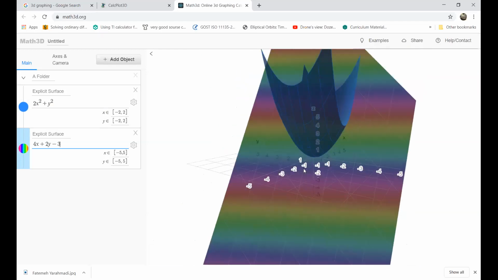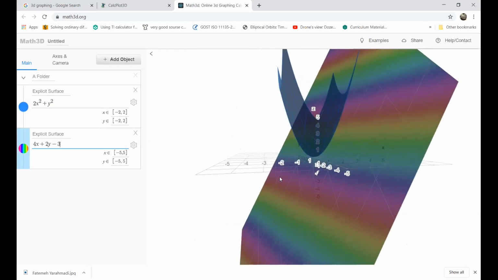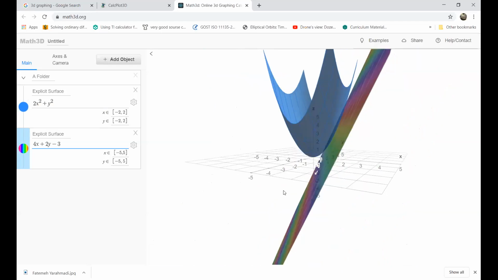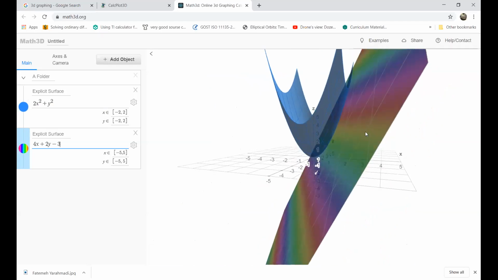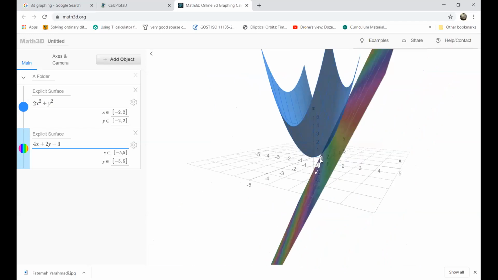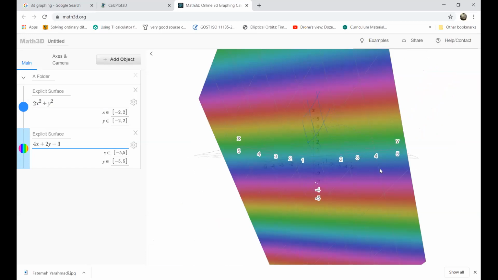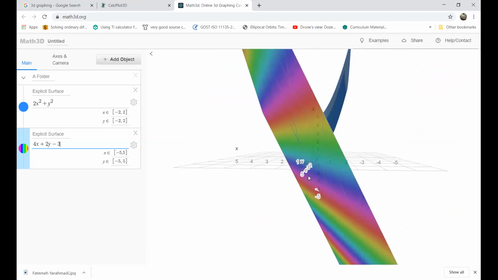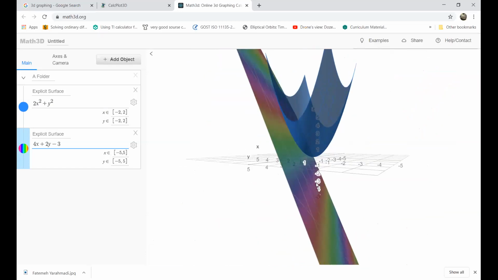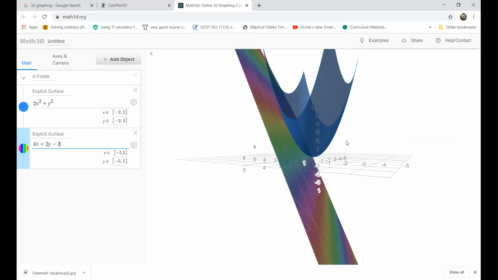Let me just rotate this one a little bit so you can actually see the tangent plane. This is the plane which is tangent to the surface at 1, 1, and 3.